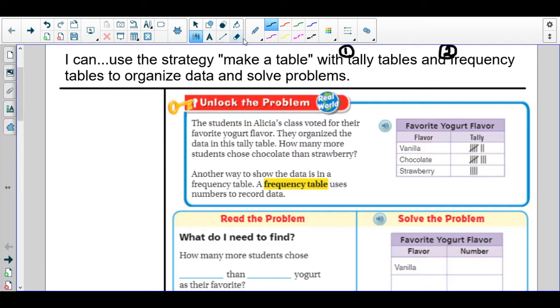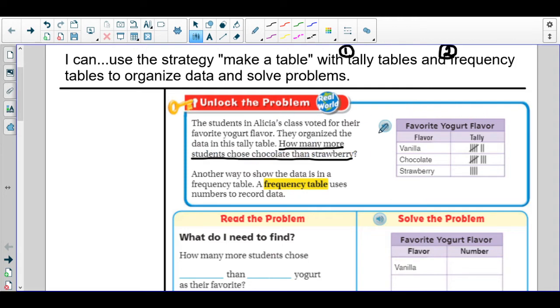So, the students in Alicia's class voted for their favorite yogurt flavor. They organized the data in this tally table right here. How many more students chose chocolate than strawberry? All right, we'll go ahead and underline that because that is what we're going to be trying to figure out here.